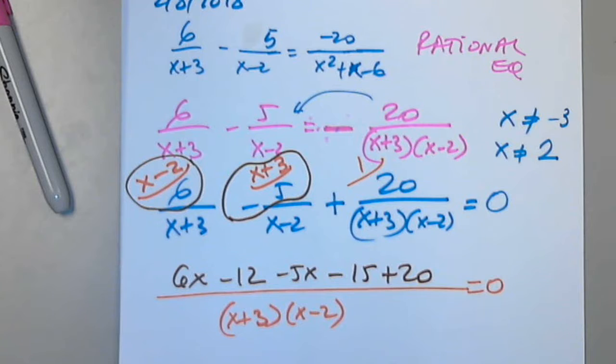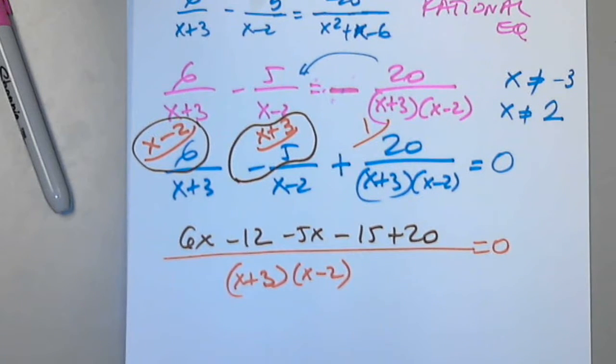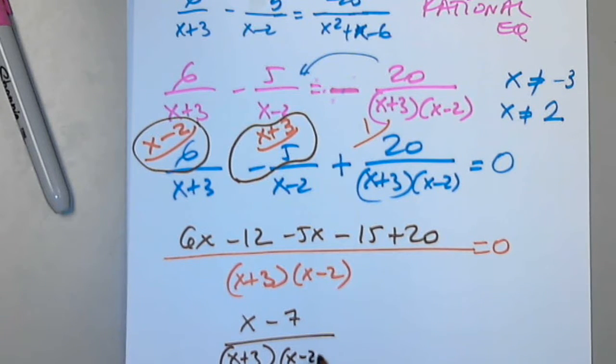Is this okay? So now we have to combine like terms. I have 6x minus 5x, which is x. I have negative 12 minus 15, which is negative 27, plus 20 is minus 7, over x plus 3, x minus 2 equals 0 over 1.